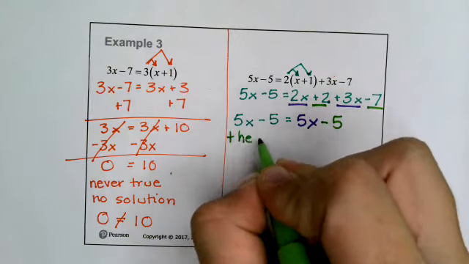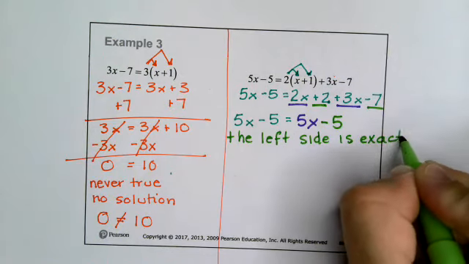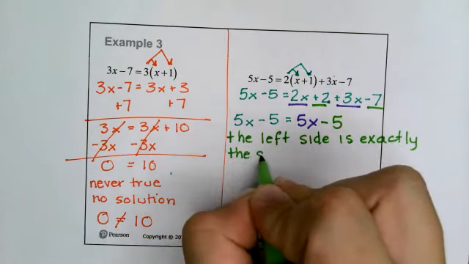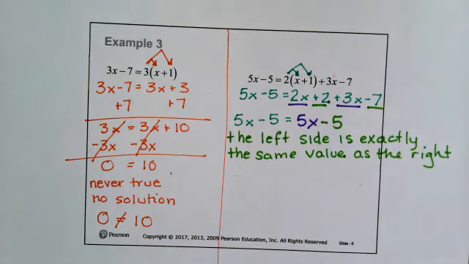The left side is exactly the same value as the right. Right? They are the same. Okay?